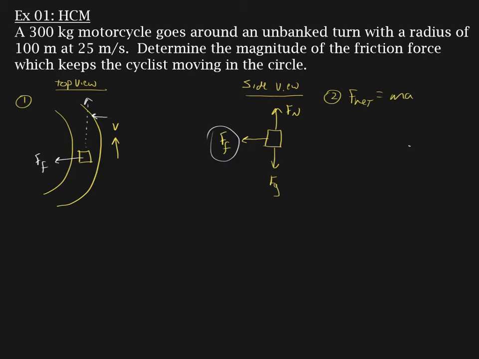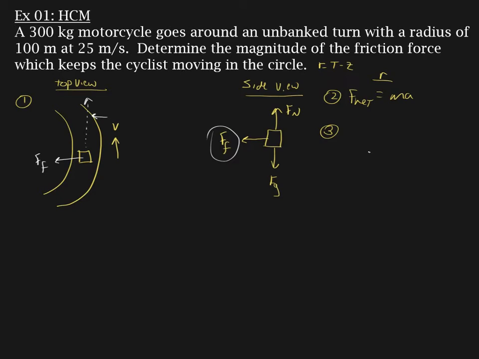Well, because we're using the RTZ coordinate system, we have to identify, is this the radial dimension, the tangential dimension, or the Z dimension? And for us, because we're talking about friction, a force which is pointing in the radial dimension, we'll identify that as the radial dimension.